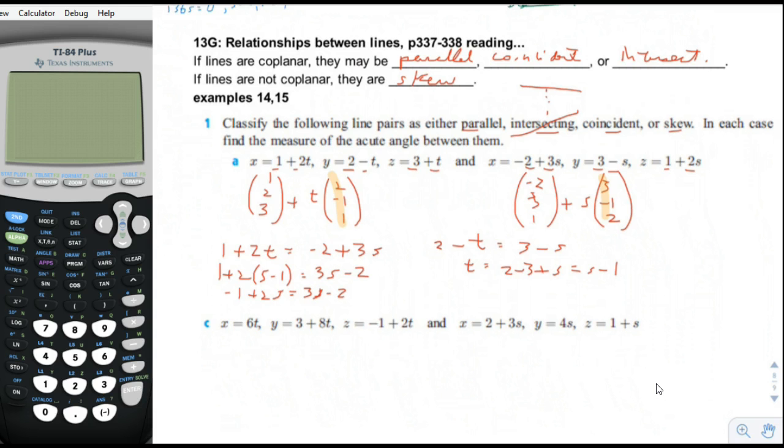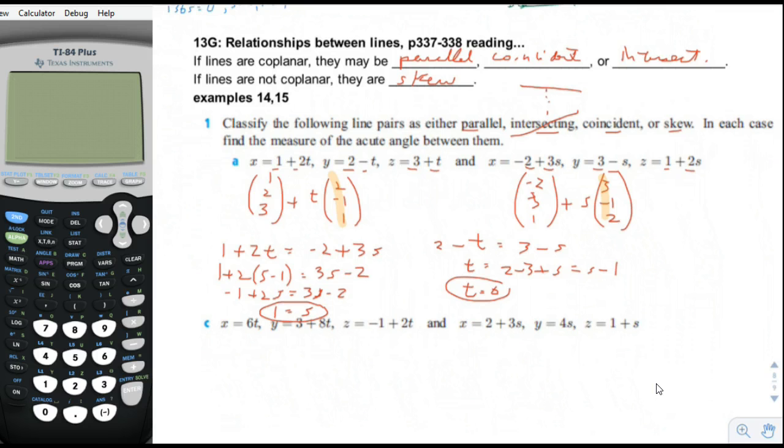So that would be s here, 1 here. So s equals 1, and if s equals 1, then t is equal to 0.